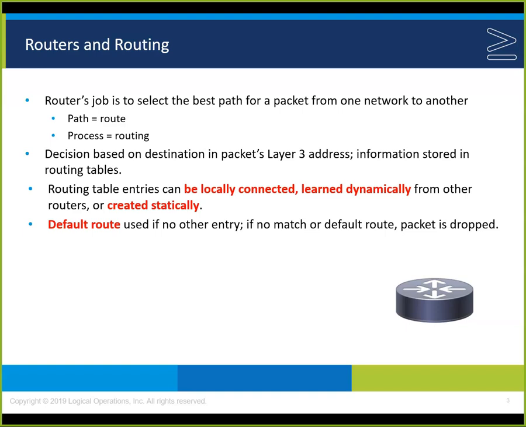And what they then do for the dynamic learning is use the routing protocols, and we're going to focus on OSPF. We're going to look at RIP, OSPF, and EIGRP. EIGRP is Cisco proprietary. But then it shares that information with all the other devices that are connected to it. I know how to get to whatever network.